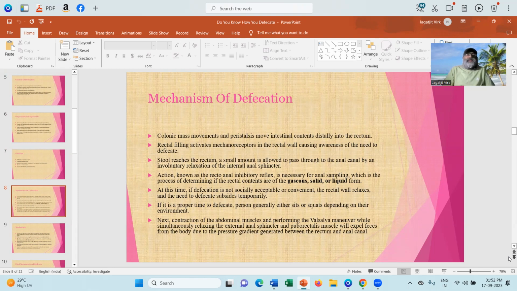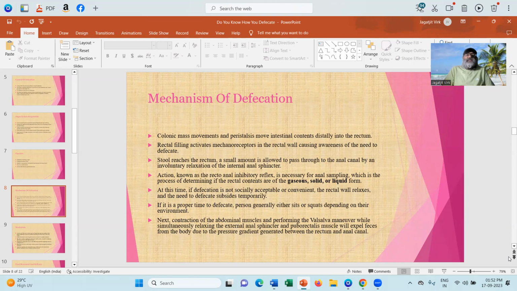At this time, if defecation is not socially acceptable or convenient, the rectal wall relaxes and the need to defecate subsides temporarily. If it is a proper time to defecate, the person generally either sits or squats depending on their environment and situation.